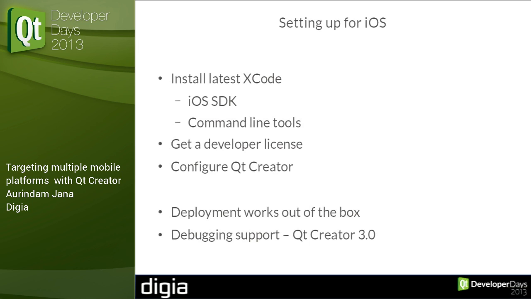Deployment works out of the box on master. Debugging does not. For debugging, what you would do is export a .xcode project, import that in Xcode, and then you debug your project. But Fauzi hopefully promised, expects debugging support to be there in the final version of Qt Creator 3.0.